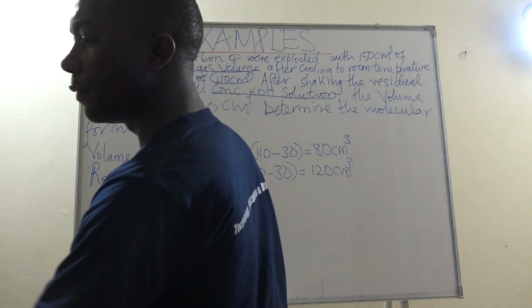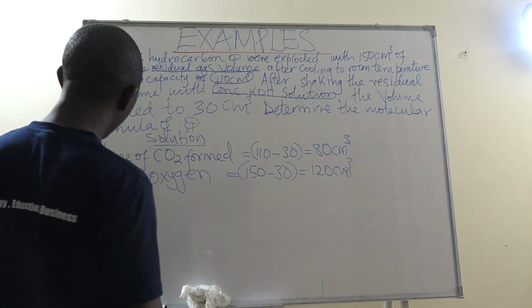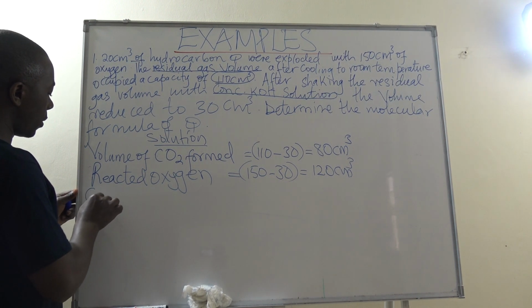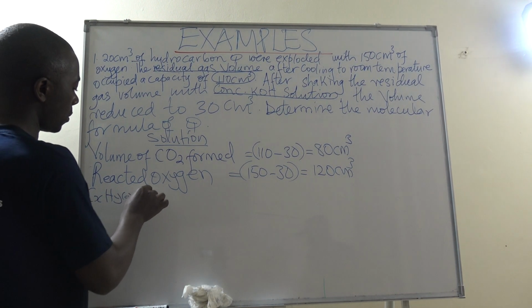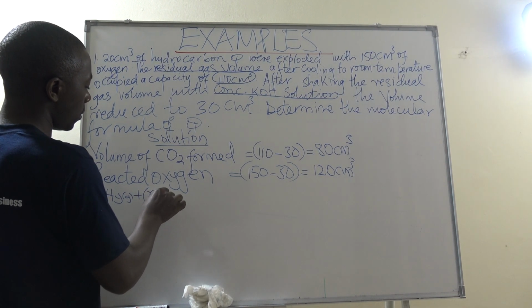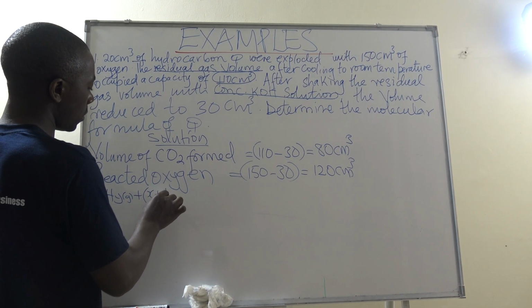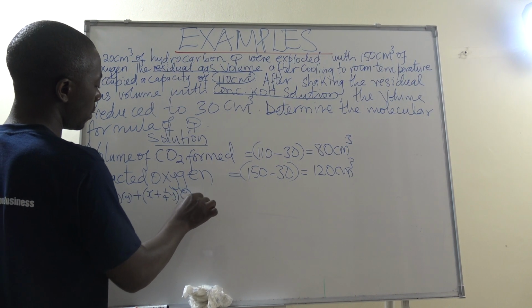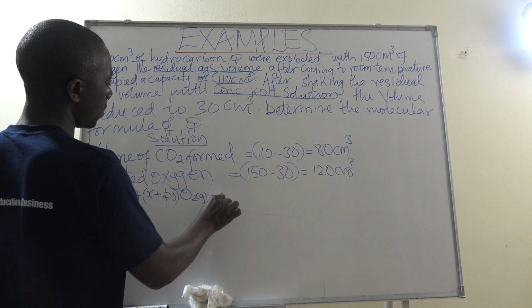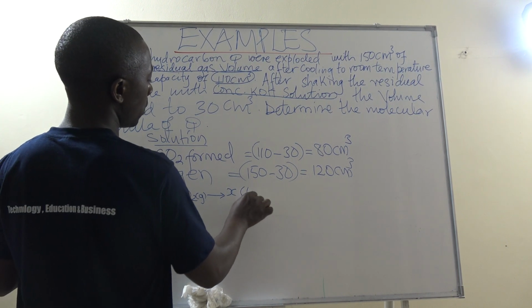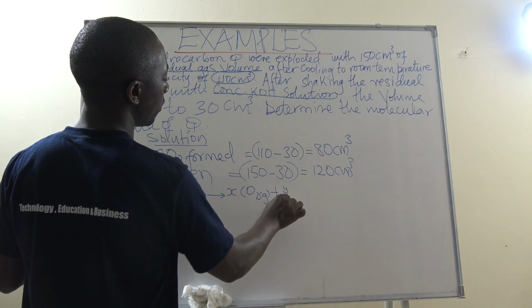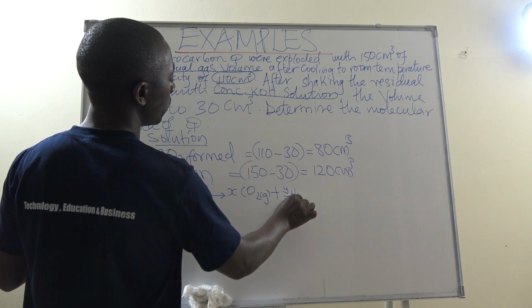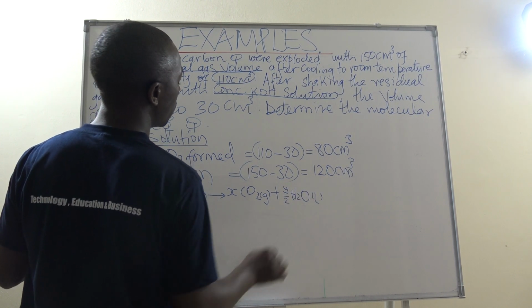Then after achieving that, we write an equation for the combustion of that hydrocarbon, which gives carbon dioxide gas plus Y over 2 moles of water.